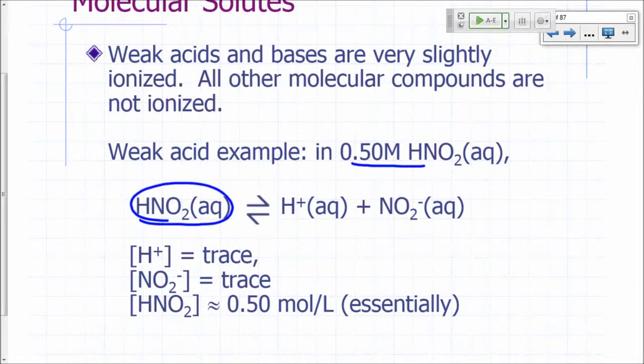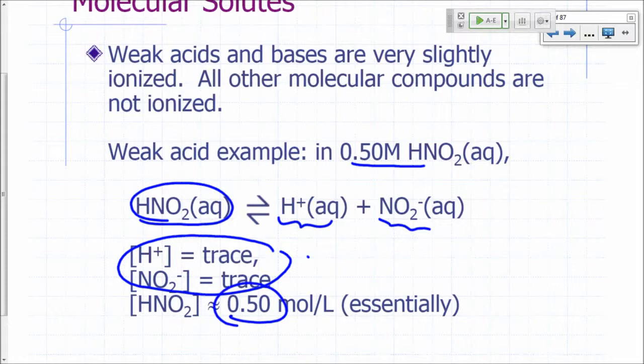If you have a 0.5 molar solution of HNO2, at any given instant a very small part of it will be broken up into H plus and NO2 minus. But these amounts are trace amounts. The concentration of your HNO2 molecules will still be pretty much 0.5 moles per liter. So HNO2 is what we would call a weak acid.